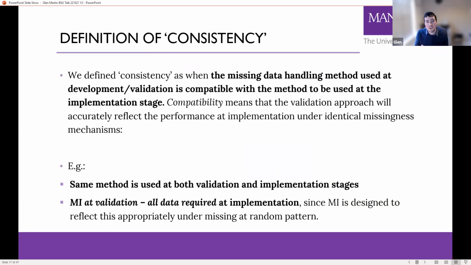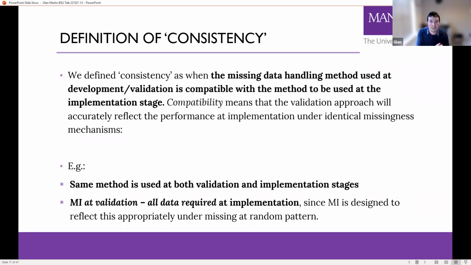What we were particularly interested in is this idea of consistency. So just to elaborate on exactly what I mean by that: we define consistency as being when the imputation method, or the approach of handling the missing data, used when developing or validating the model was compatible with that used at the implementation stage.